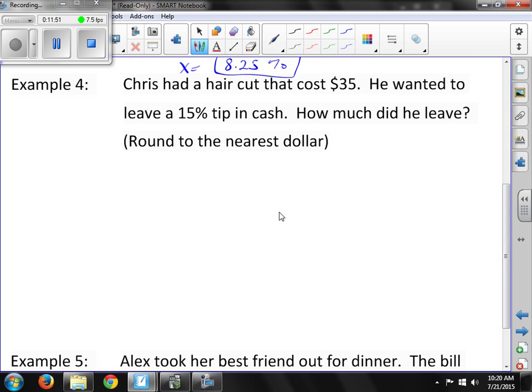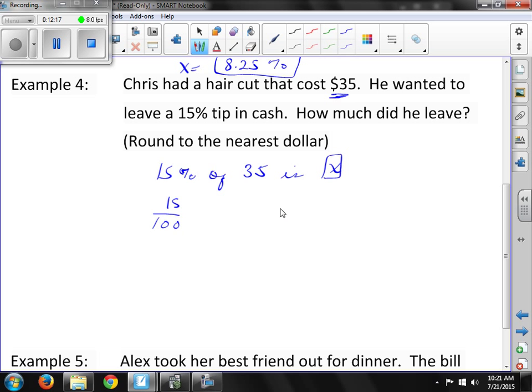Okay. Chris had a haircut that cost $35 and he wanted to leave a 15% tip. How much did he leave? So his haircut cost $35 and we want to know what 15% of the $35 is. So we'll put the percent, which is the 15, over 100.